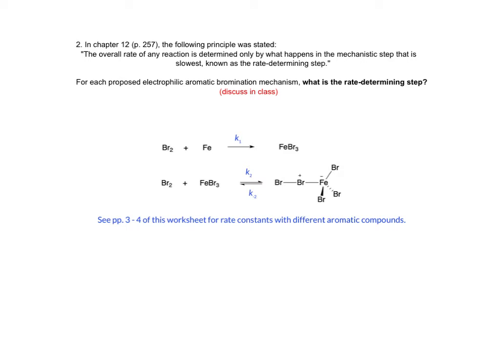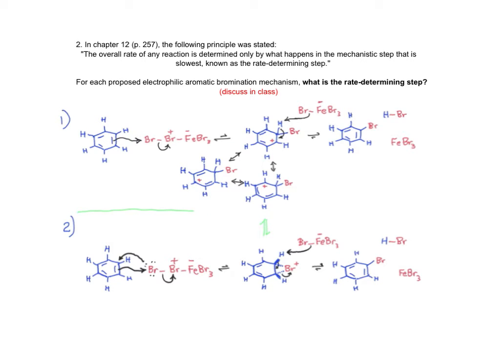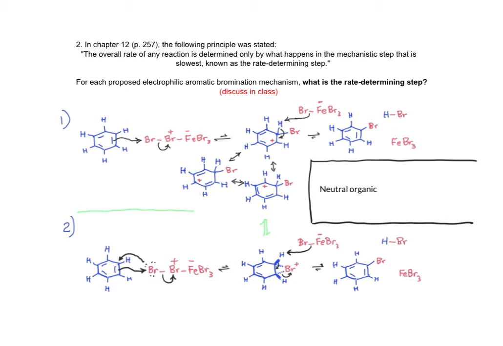So now, let's compare the two options for bromination of benzene. For this analysis, we make an important assumption that a neutral organic compound has a lower energy than a charged organic compound.